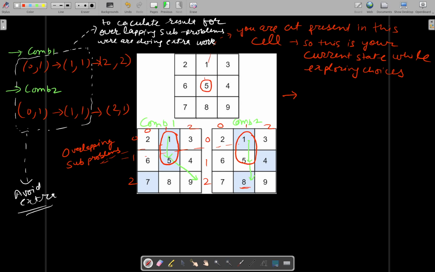What we can do is, we can somehow store the results of the subproblems that are overlapping, and then when they occur again, we will be using those results.